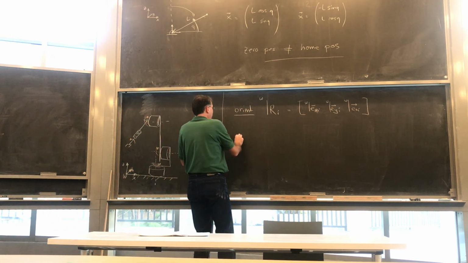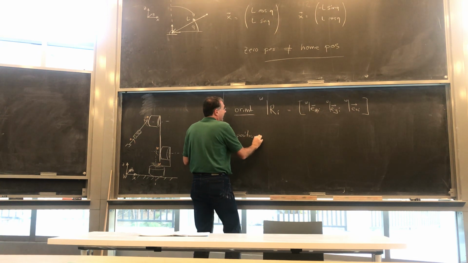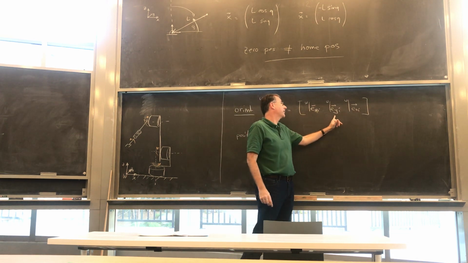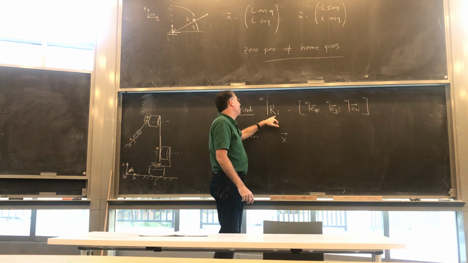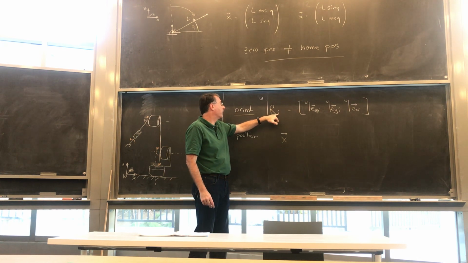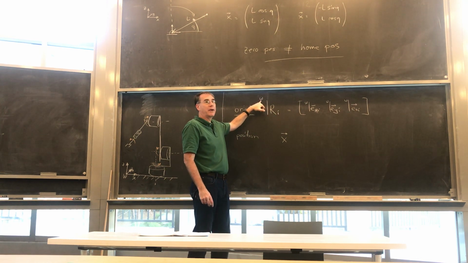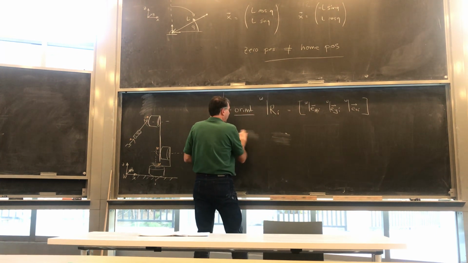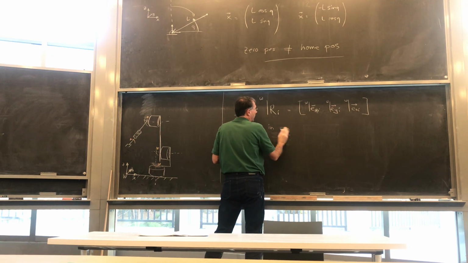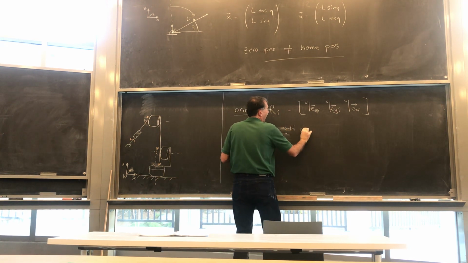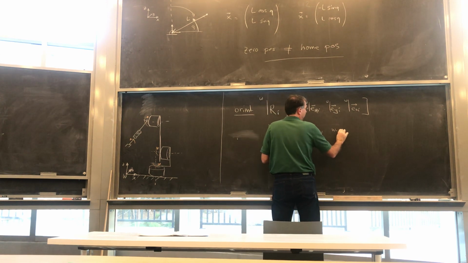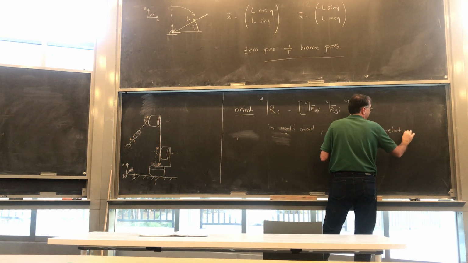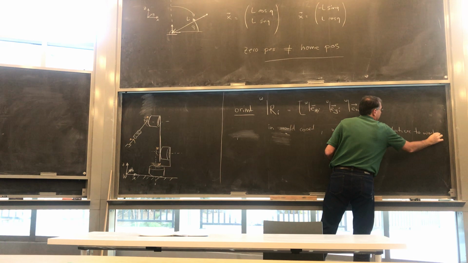And so I'm going to define a rotation matrix as basically my x vector, my y vector, and my z vector. I'm being slightly pedantic in saying it is frame I relative to the world frame, expressed in coordinates, so this is in world coordinates, or you could say with respect to world, relative to world, whatever you want to call it.